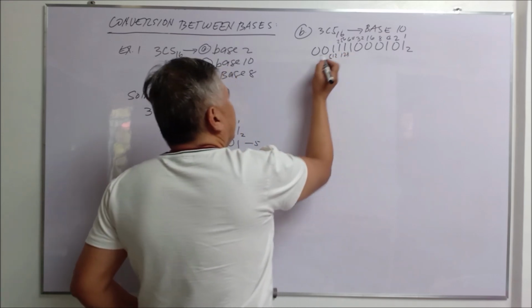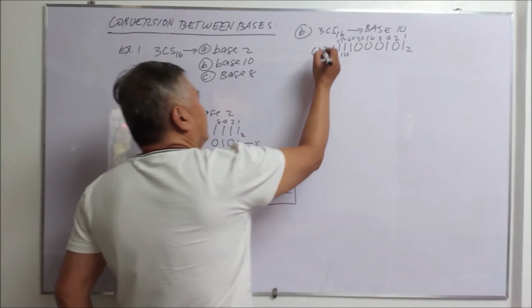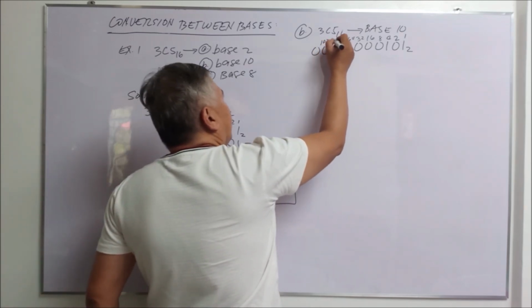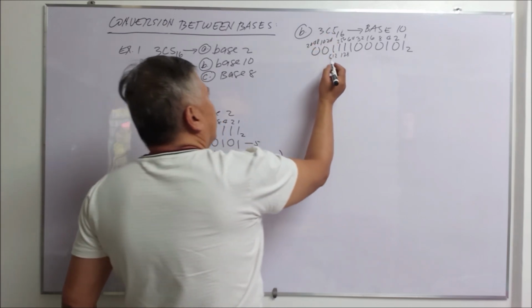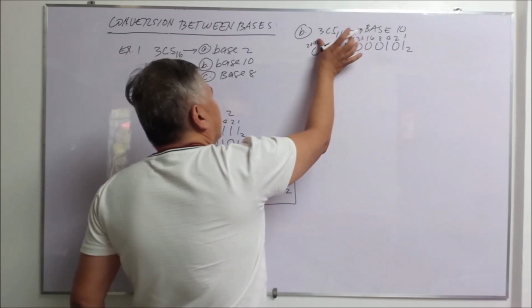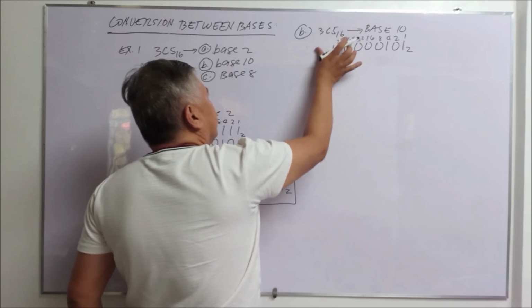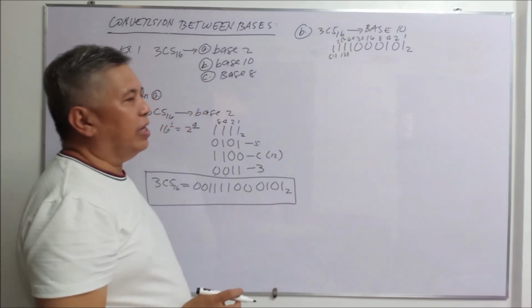Okay? So the next ones are 0, 0. Supposed to be, this is 1024, 2048. But since they are 0, 0, we can leave them out. Okay? So that is correct.